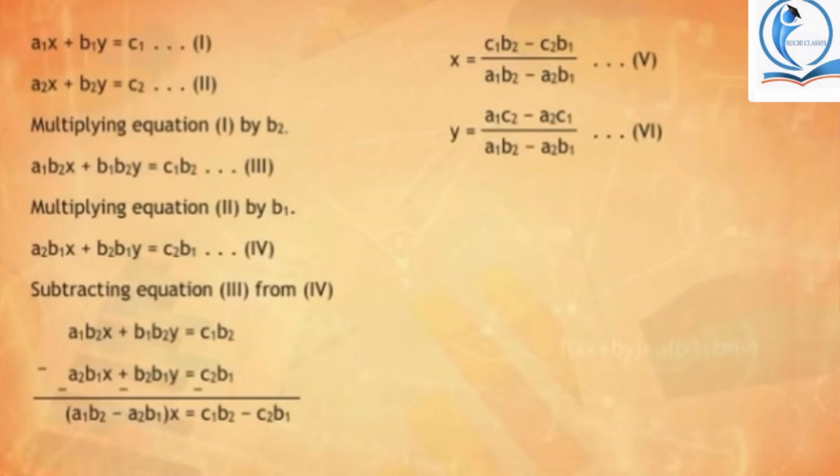To remember and write the expressions c1 b2 minus c2 b1, a1 b2 minus a2 b1, a1 c2 minus a2 c1, we use the determinants. Now, a1x plus b1y is equal to c1 and a2x plus b2y is equal to c2.